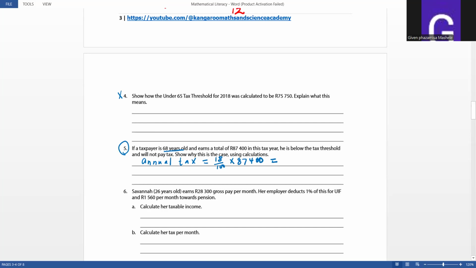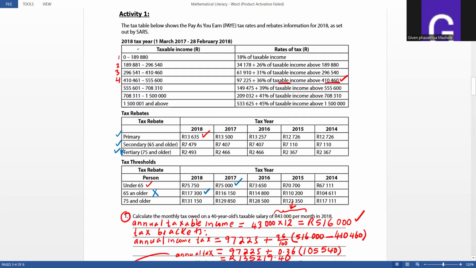18% of 87,400 will be 15,732 rands. But remember, we need to subtract the rebates. Looking at his age, he's 68, and someone who's 68 in terms of the rebate falls in the secondary category. So he qualifies for a primary and secondary.